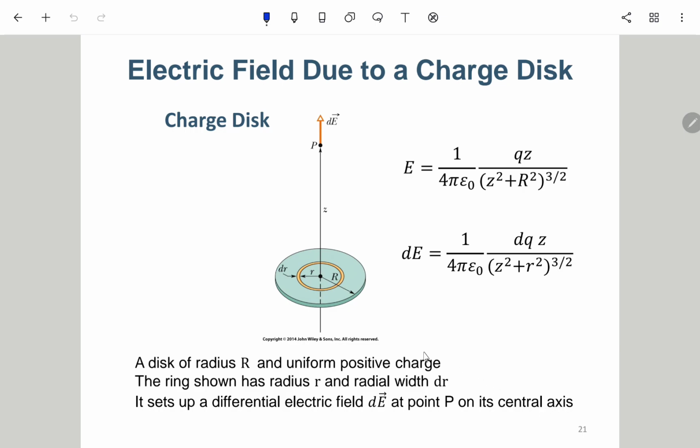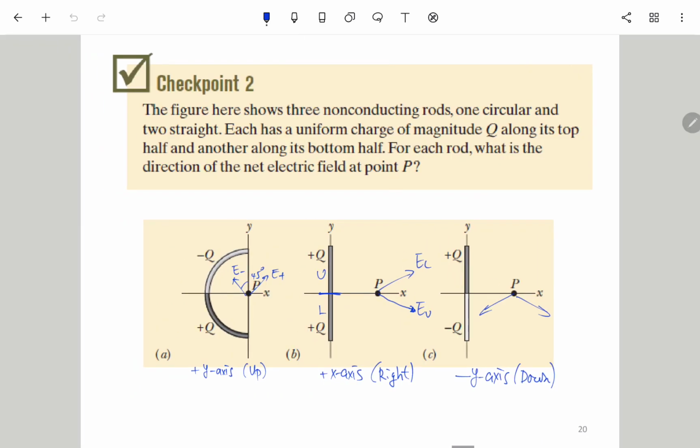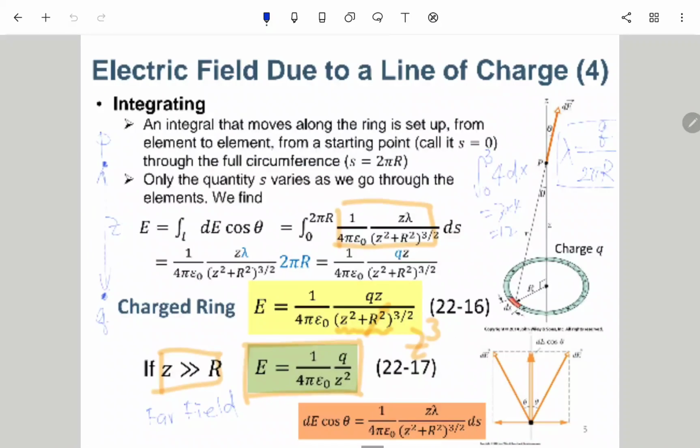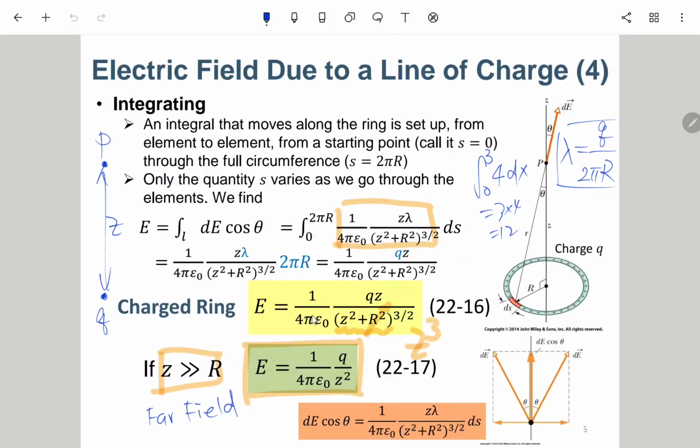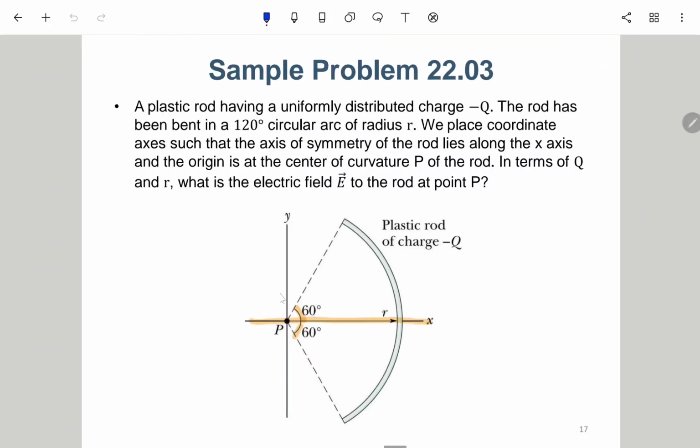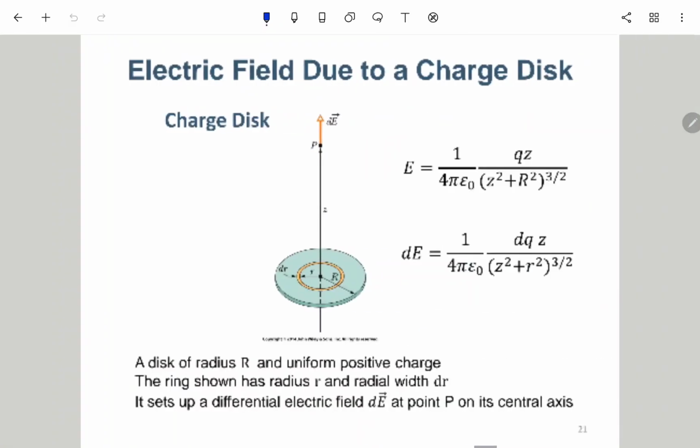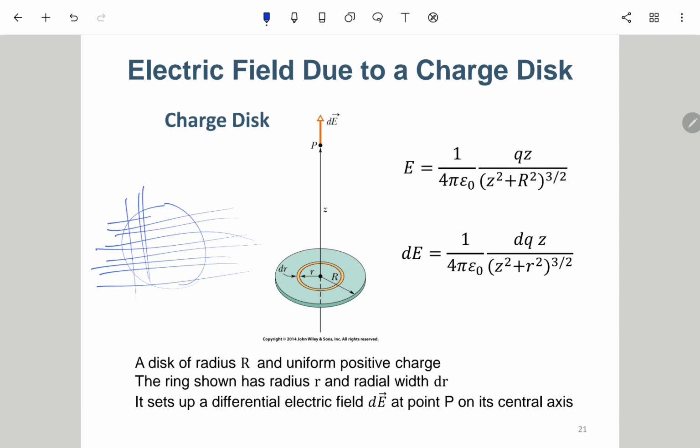So actually when we try to calculate the E field generated by this charged disk, if we don't make use of the previous knowledge, that is the E field generated by this charged ring, we would try to separate this disk, cut it in the x-axis, cut it in the y-axis, something like this.